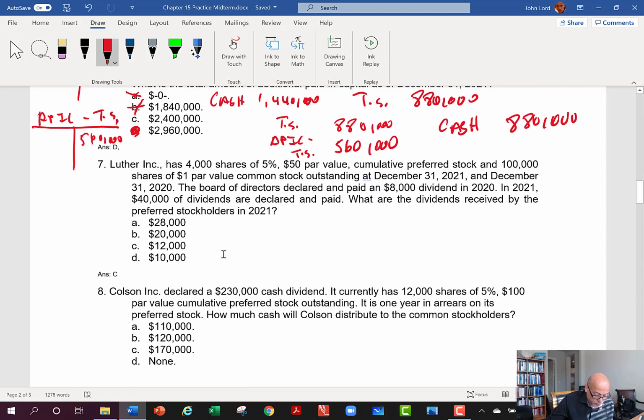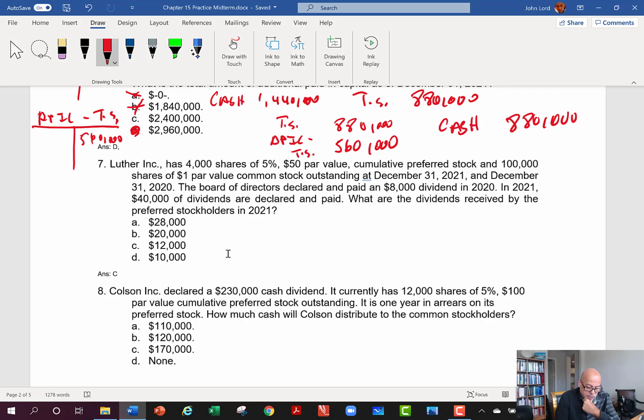Okay, good. Let's take a look at this number 7 now. We've got Luther Inc. Luther has 4,000 shares of 5% $50 par value cumulative preferred stock and 100,000 shares of $1 par value common stock outstanding on December 31st, 2021 and December 31st, 2020.